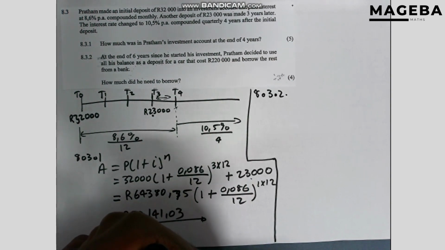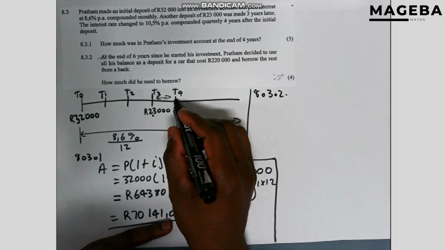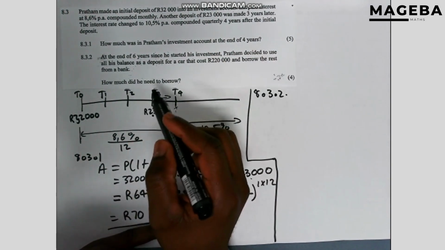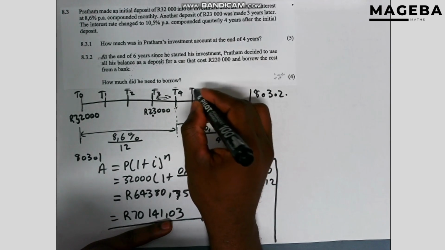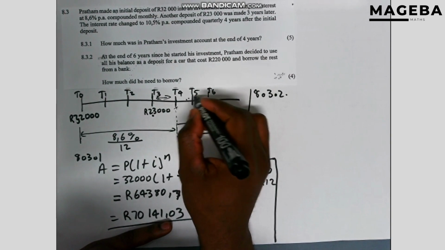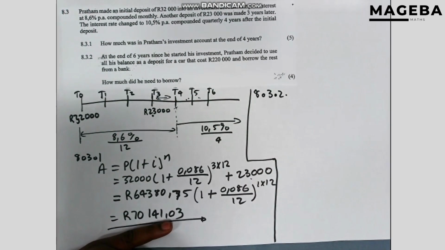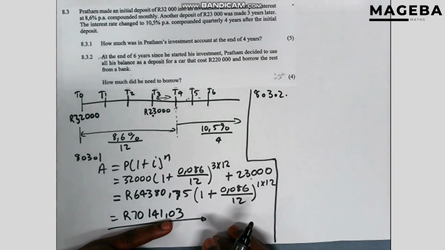Now at the end of 6 years, we have an amount at the end of 4 years, meaning before he takes the money out, there were another 2 years, which is going to be our T5 and T6, where the money stays in the bank and accumulates more interest.